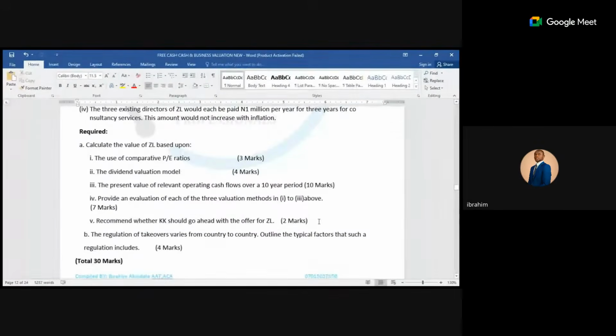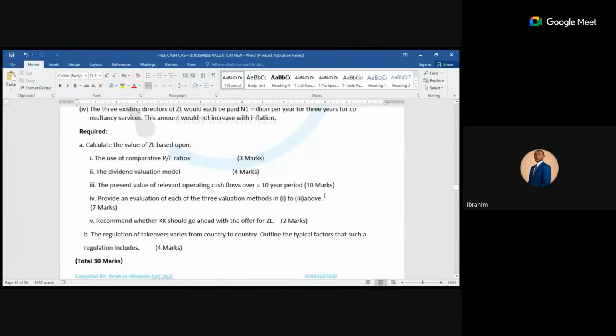So we can now compare. Providing an evaluation means explaining each of the methods, including the value and the market value. Thereafter, we can recommend.